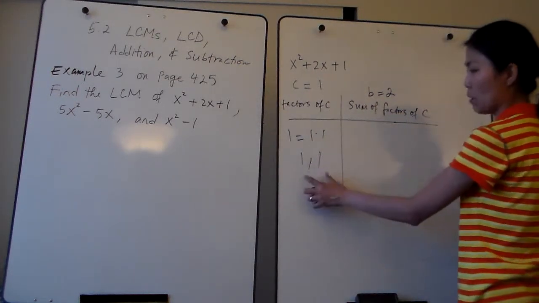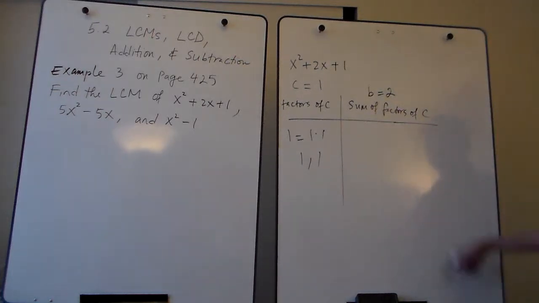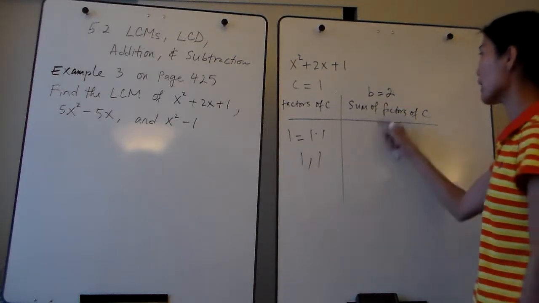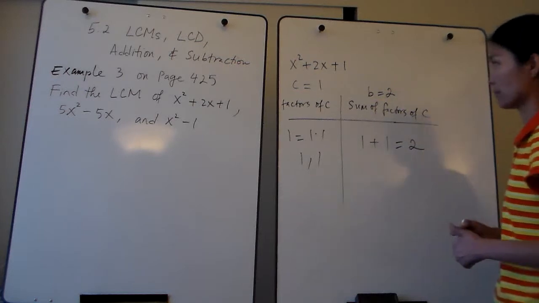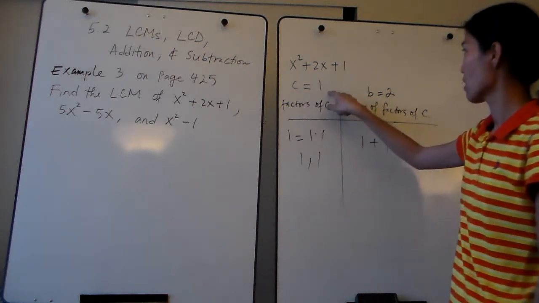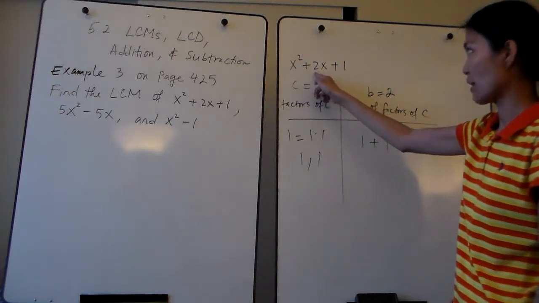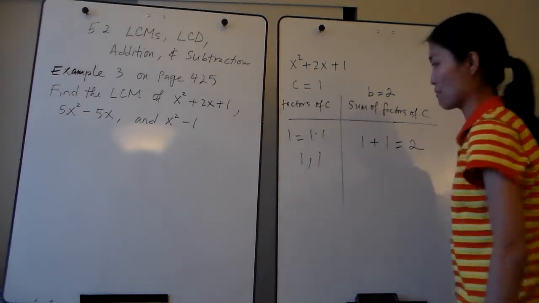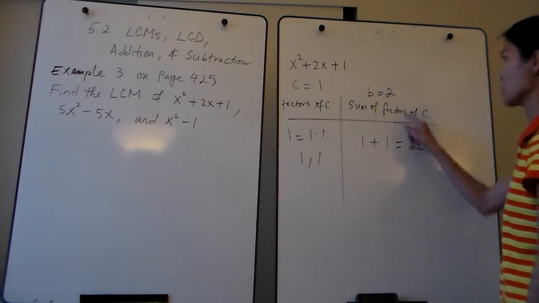That's all you have. You want to sum these two factors and make it equal to B, so 1 plus 1 is 2. Also, you know the rule that since C is positive, the factors of C have the same sign as B, and B is positive. That's why these factors are positive. No surprise there. So 1 plus 1 is 2, which is B.